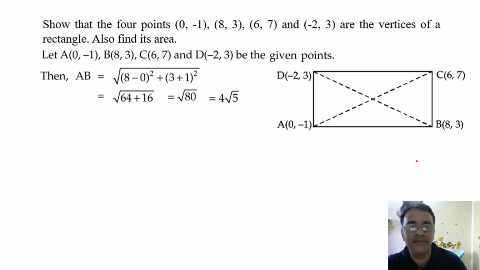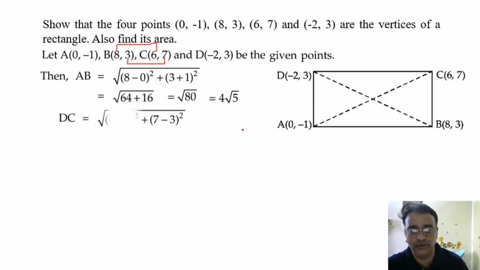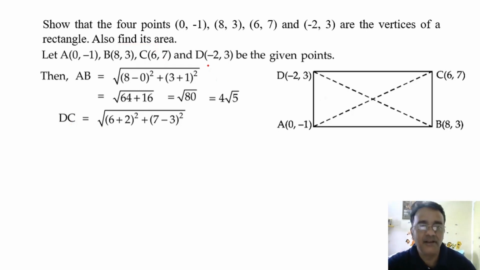Now we have to find BC. 6 minus 8 whole square plus 7 minus 3 whole square, whole root. Yes, first we have to prove AB is equal to DC, so we are taking DC, right? 6 minus of minus 2 plus 2 whole square, 7 minus 3 whole square.